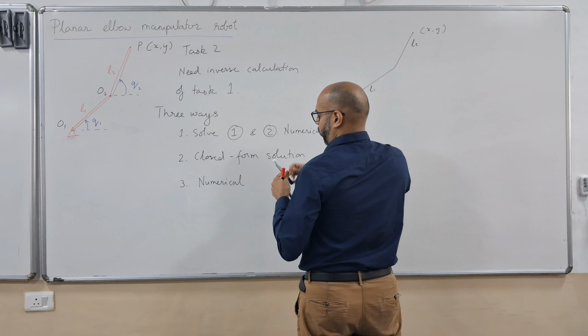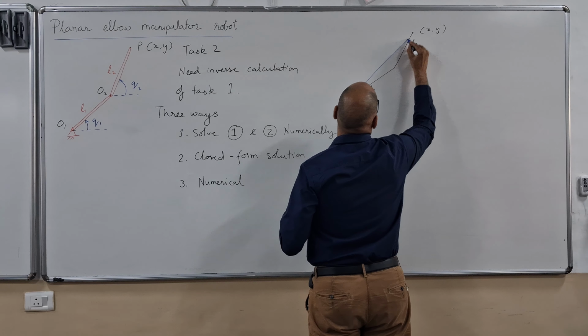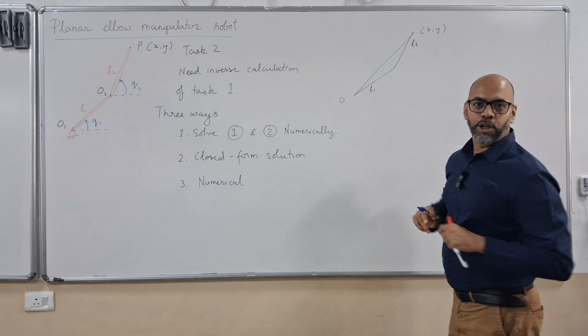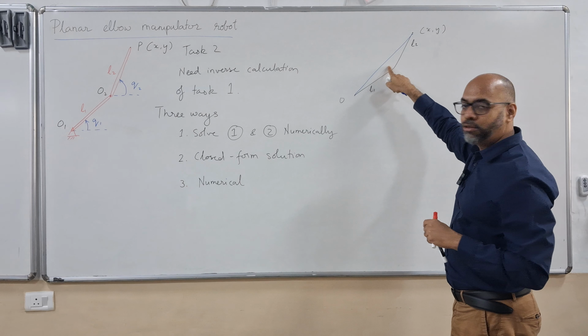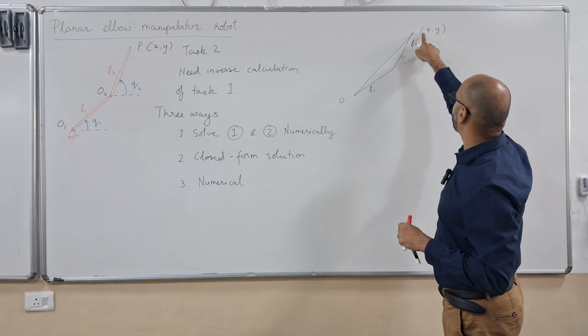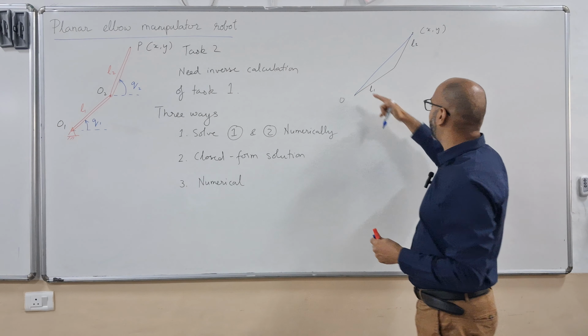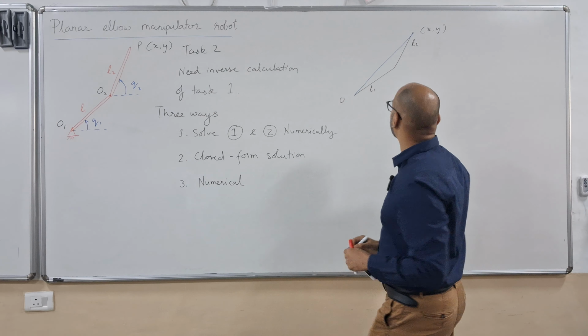Now let me complete this triangle. This is now an obtuse angle triangle. The length of the hypotenuse, using the distance formula, is the square root of x squared plus y squared. So the square of the hypotenuse is x squared plus y squared.